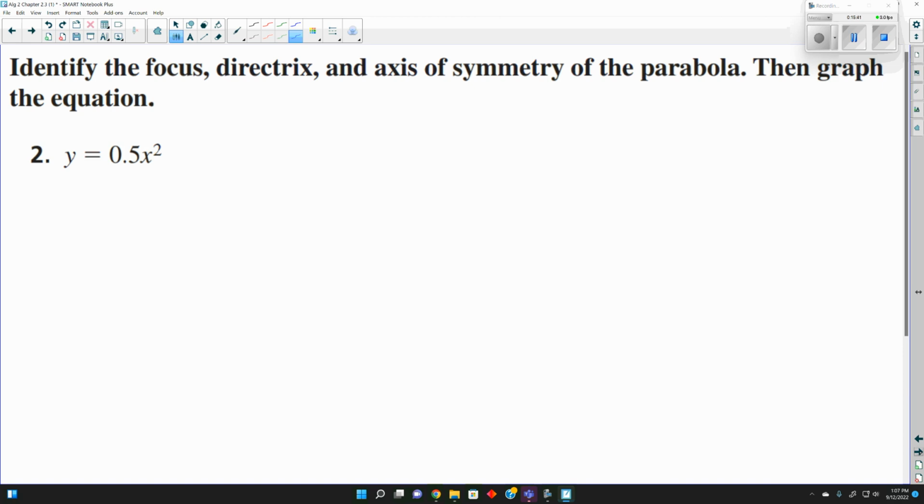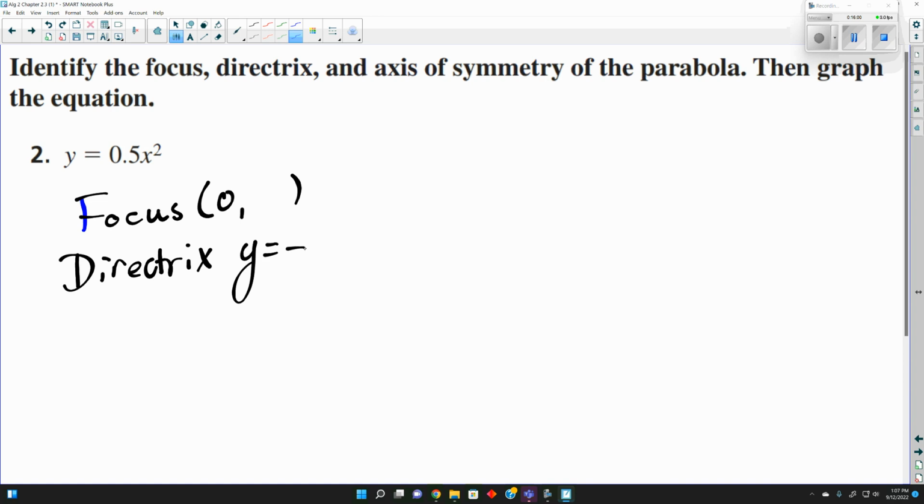Let's look at this one. y equals 0.5x squared. All right, this time the focus is 0, comma p. The directrix is y equals negative p.